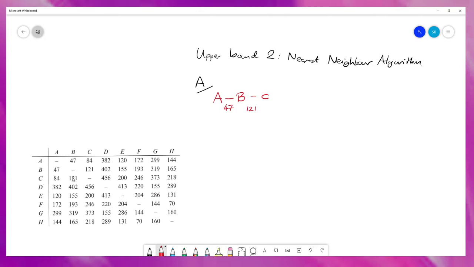We then look at C, and we pick the closest to C that hasn't already been chosen, which we can see is E, which is 200. We then keep going. The closest to E that hasn't been chosen is H with 131, and then F with 70.